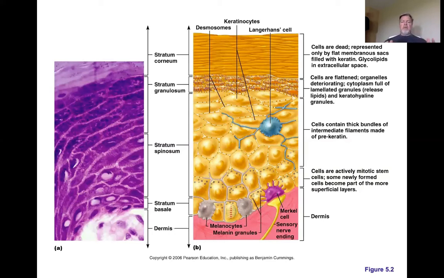So this layer really is there to keep you from being attacked biologically, chemically, or physically. So any assaults on your body, it's your stratum corneum that's there to help and protect you. Okay, let's move down from the epidermis into the dermis.